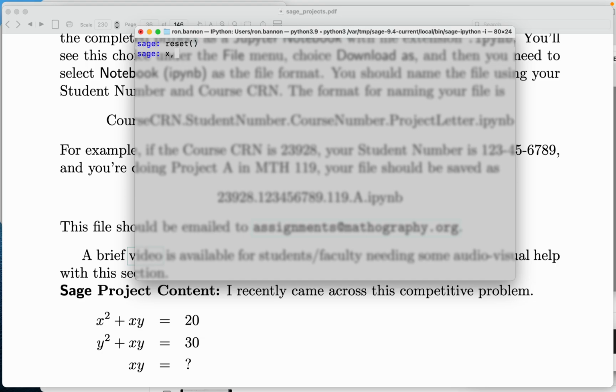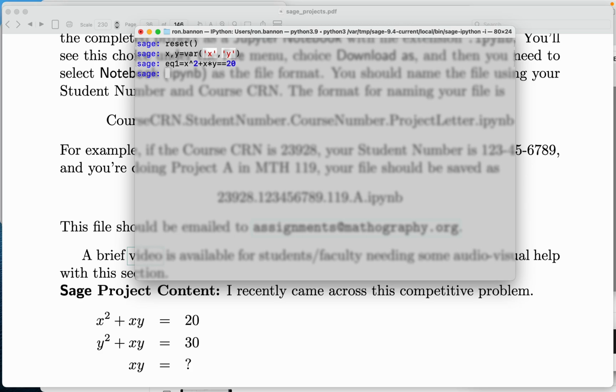I'm going to define two variables, x and y. And those variables, what is it going to be? It's going to be var. It's pretty easy to type in, right? x and y is also a variable. And now I'm going to define my equations here. EQ1, my first equation, is going to be assigned x squared plus x star y, double equal sign, equal to 20.